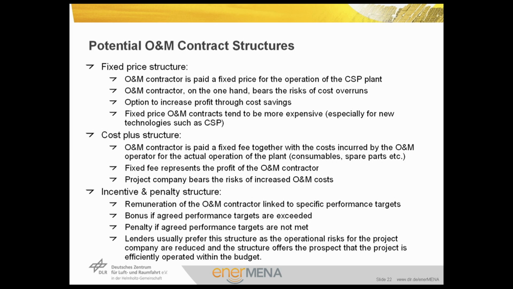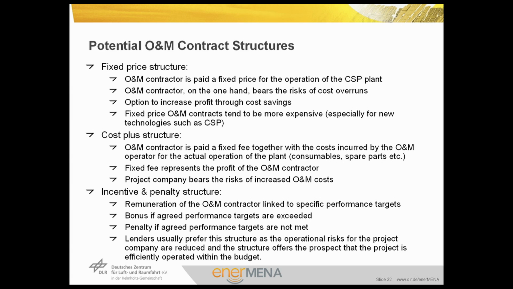In the cost plus structure, the operation and maintenance contractor is paid a fixed fee together with the cost incurred for the actual operation of the plant, such as consumables, spare parts, etc. Normally, the fixed fee represents the profit of the operation and maintenance contractor. In this structure, the project company bears the risk of increased operation and maintenance costs.